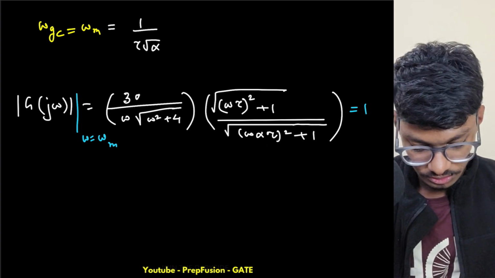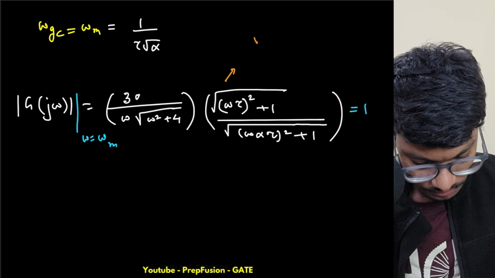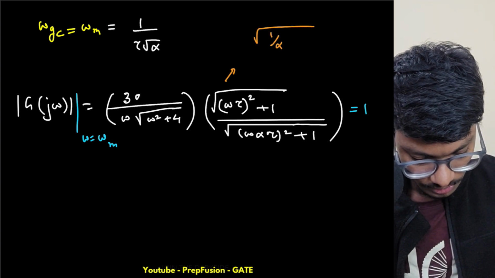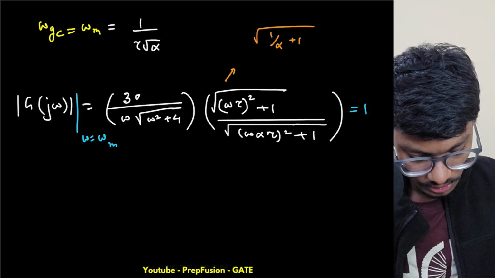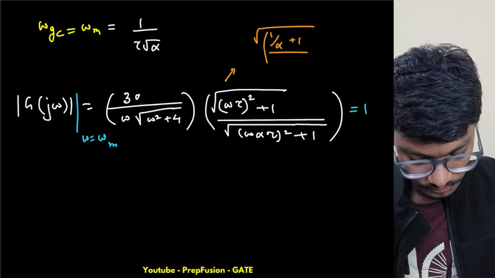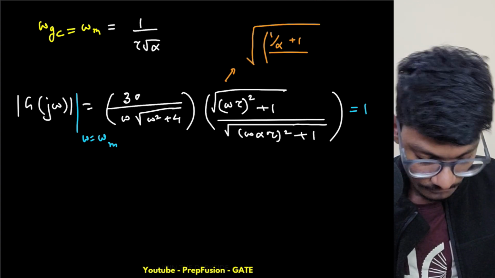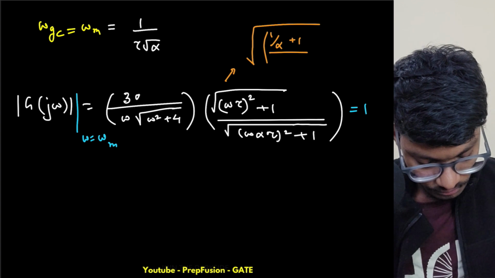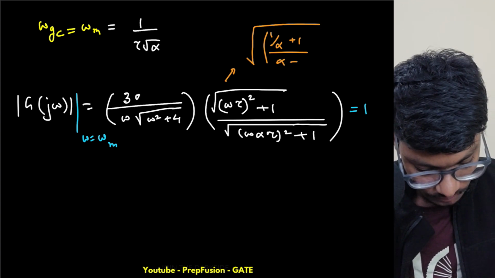Just hold on a second. So this will be simply under root 1 by alpha plus 1, divided by under root, I can take this whole over under root thing, one by under root alpha. So this is like alpha plus 1.